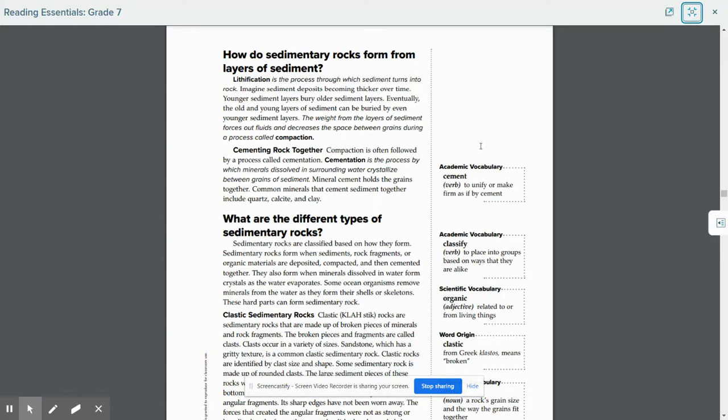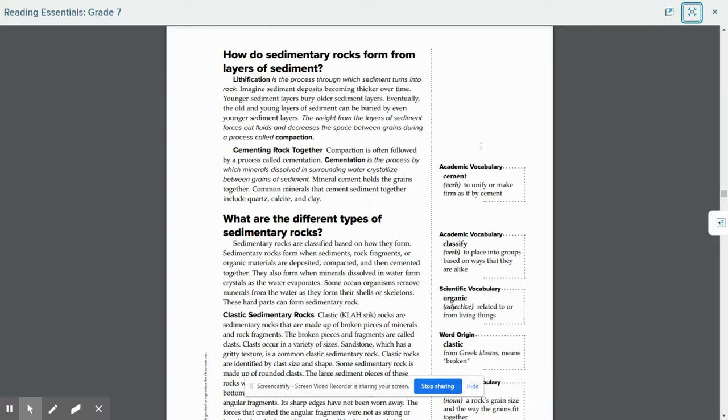The weight from the layers of sediment forces out fluids and decreases the space between grains during a process called compaction. Cementing rock together. Compaction is often followed by a process called cementation.